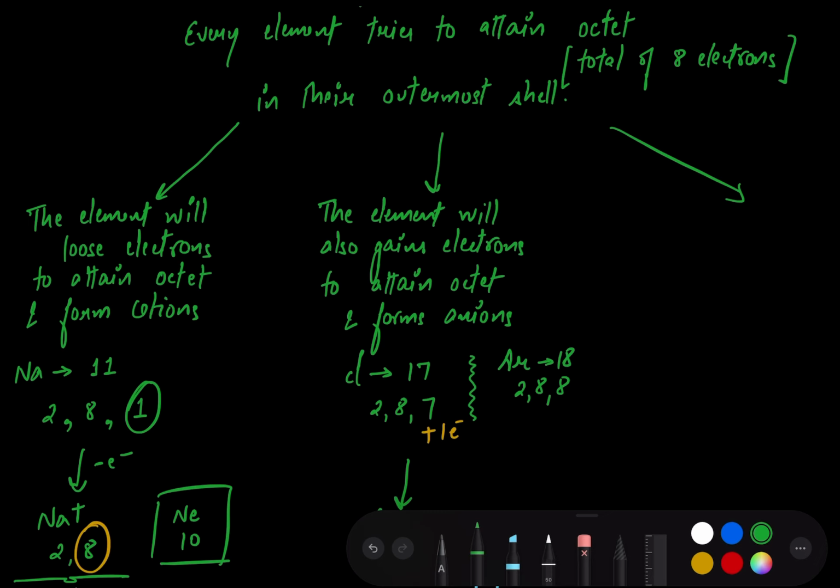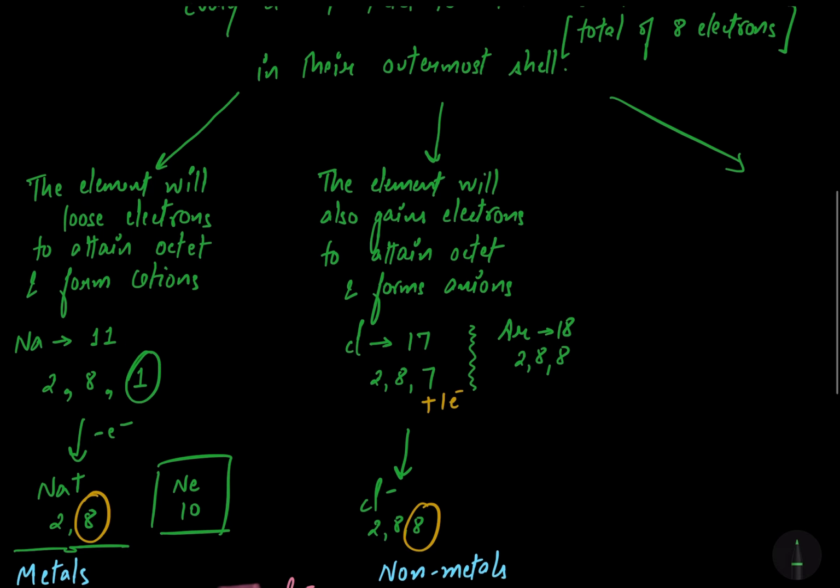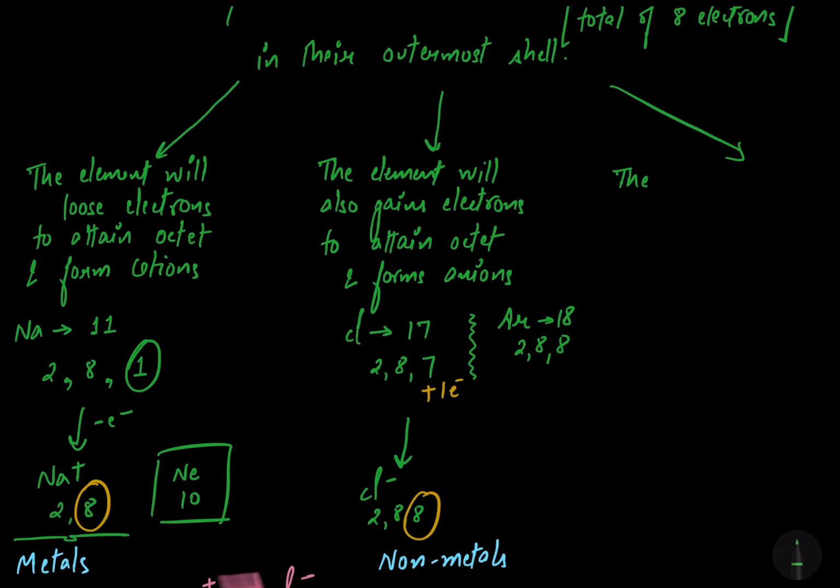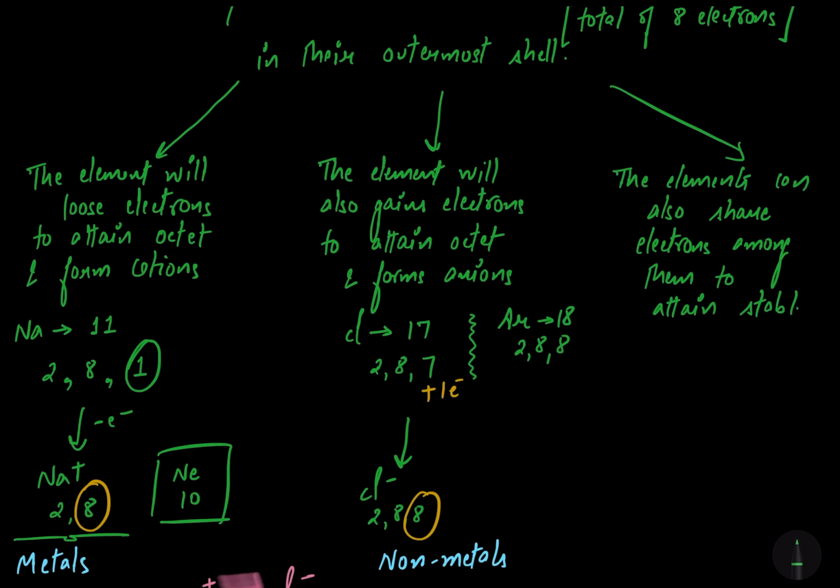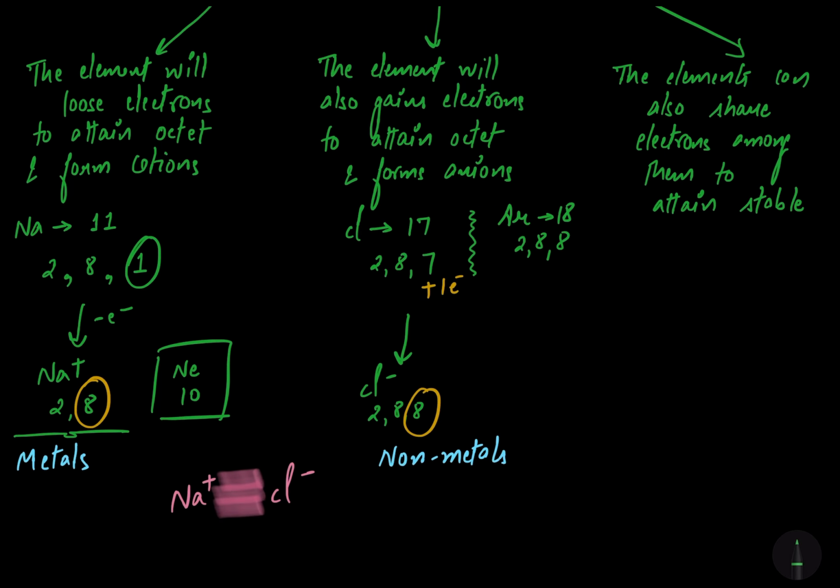The third option is that elements can also share electrons among them to attain the nearest stable electronic configuration of a noble gas.